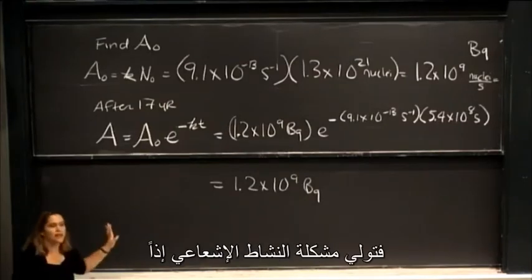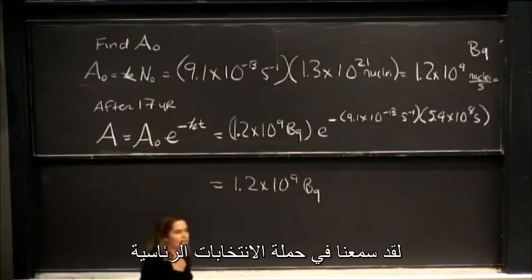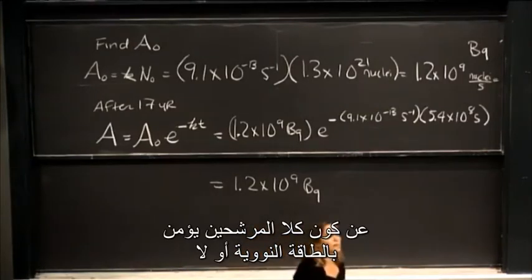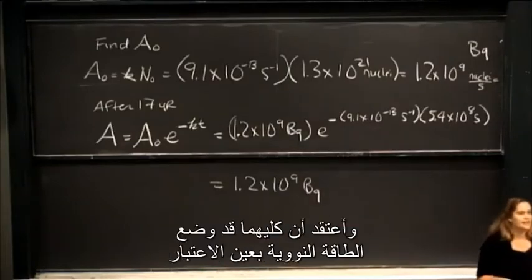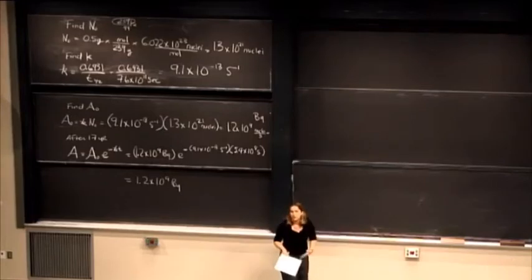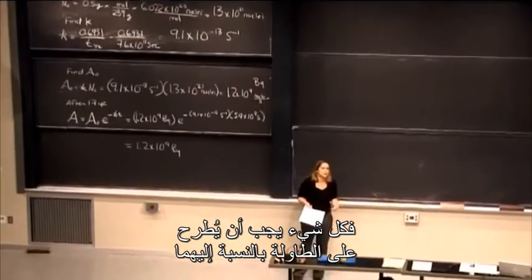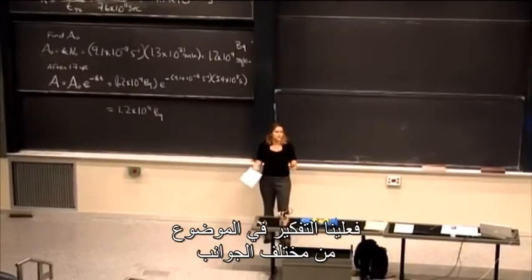So taking radioactivity as an issue, you heard some in the presidential campaign about whether both candidates believe in nuclear energy or not. And I think that both of them said it needs to be considered. We need to have everything on the table. If we're going to have a real uniform energy policy, we need to think about everything.